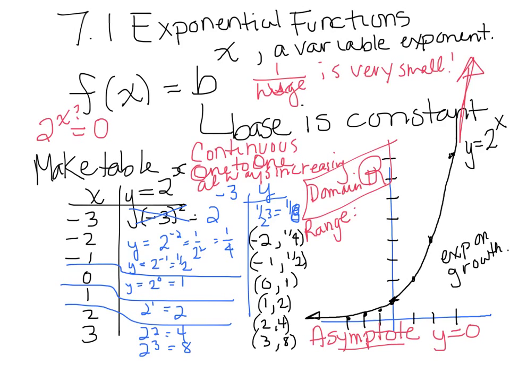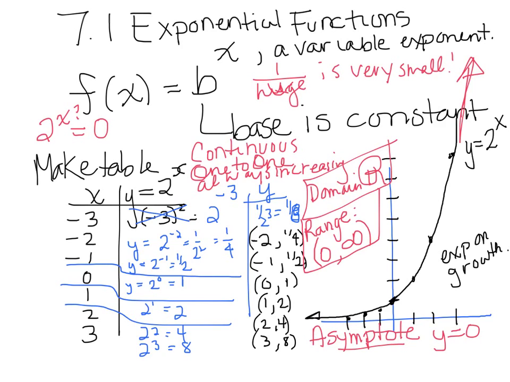The range for this one, 0, okay, because it almost gets there, infinitesimally close, but we have to put the 0 with the round parentheses because it never equals 0. And then of course it can go forever and ever, we said above that, so 0 to infinity would be a range.